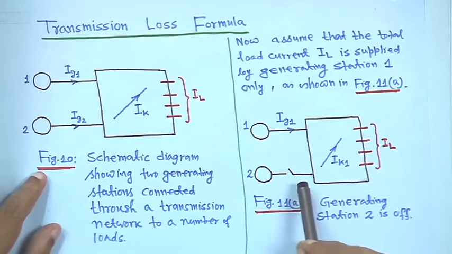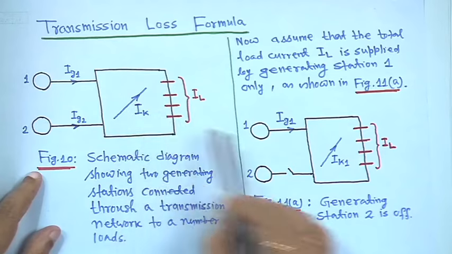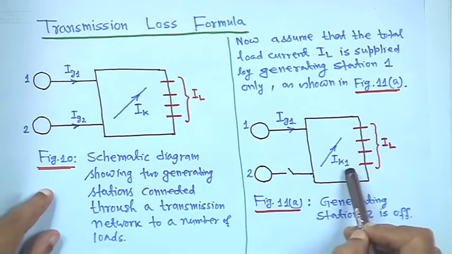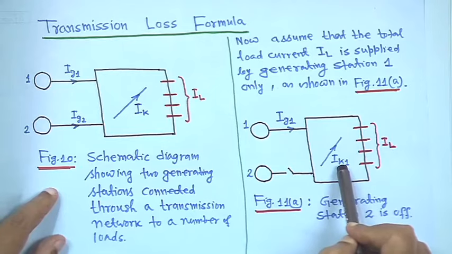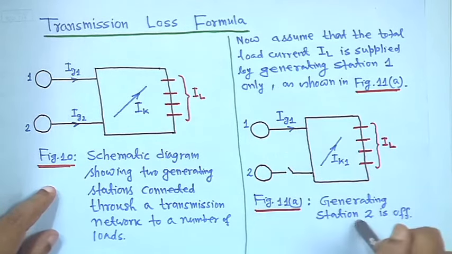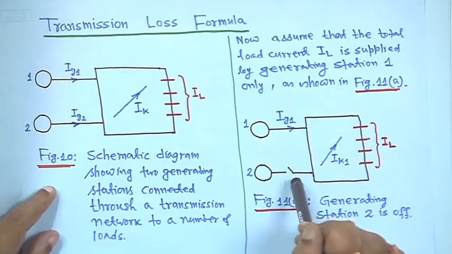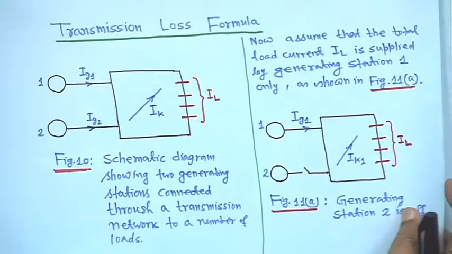At that time the current through branch K, say it is IK1, because generator 1 is supplying the current. So the kth branch current will change, but the total current IL is supplied by the generator 1 only. Generating station 2 is off, it is open.